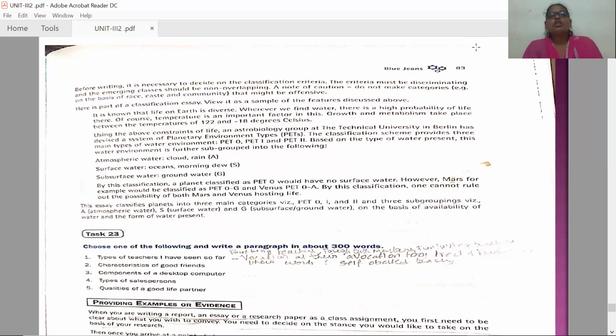So you should never classify on the basis of race, caste, or community when you are writing an essay. These are very, very important when you are learning classification and writing essays.